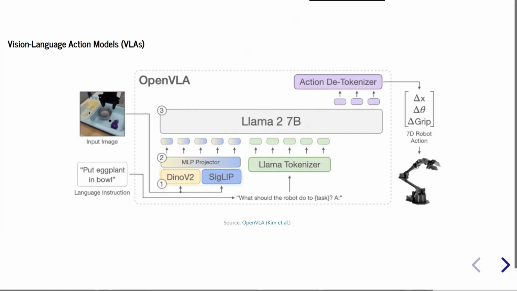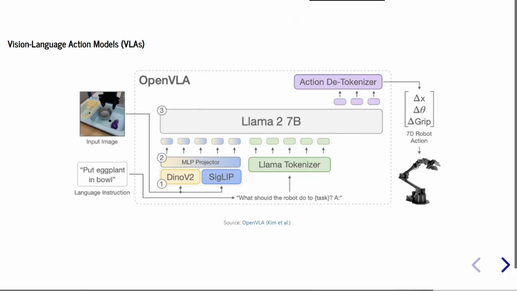We always have a text transformer that in this case is the Llama 2 model from Meta. We want to provide as inputs both some images that are captured from the cameras installed in the robot's head, and also some language instruction.